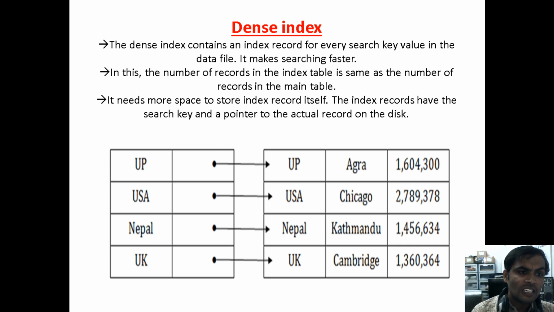Under the dense index, it needs more space to store the index records and takes more memory space. It allocates more space for the index records, which have the search key values pointing to the actual record in the disk memory where the table exists.